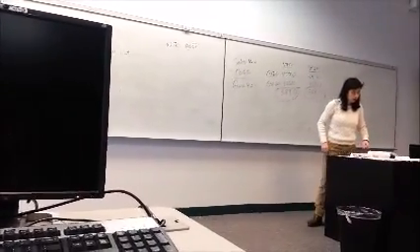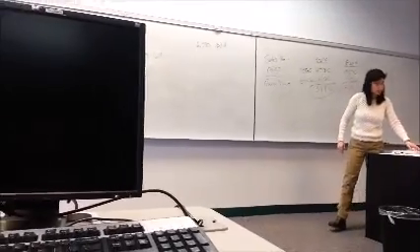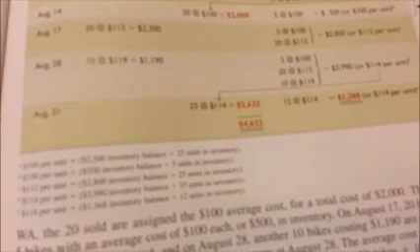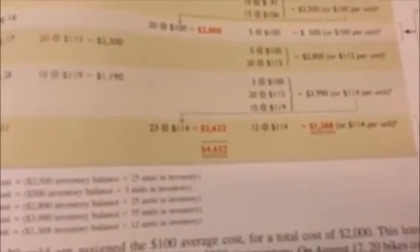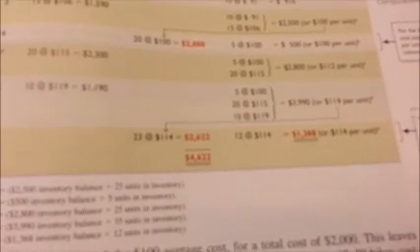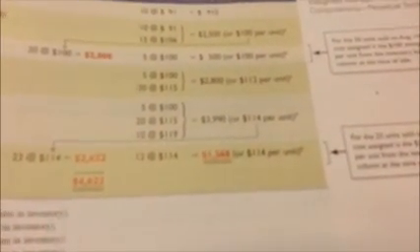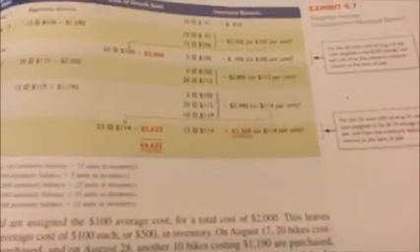And so on August 31st, all 23 units are considered to have been sold at a cost to us of $114 per unit, leaving us with 12 units at an average cost of $114 per unit.